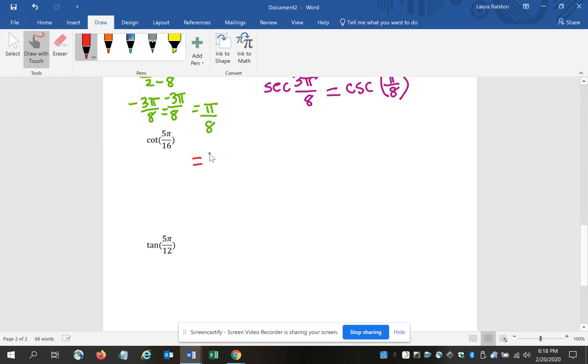You should get the tangent of 3 pi 16ths.